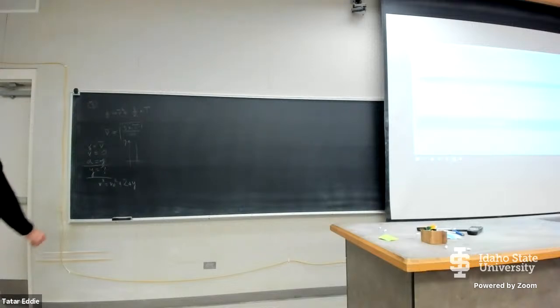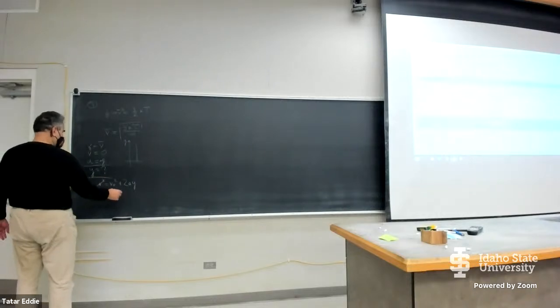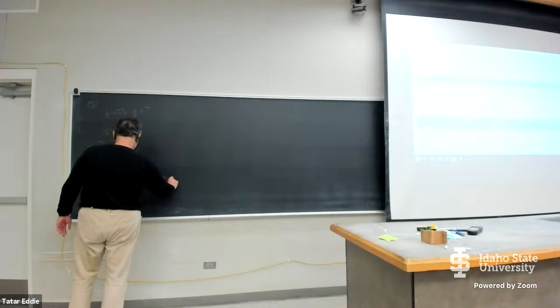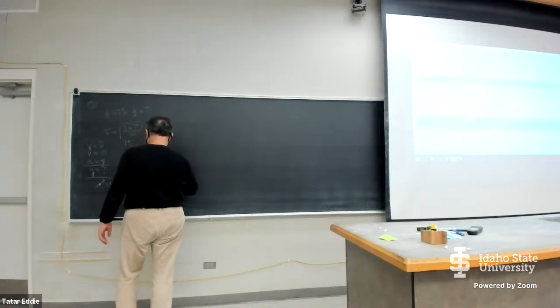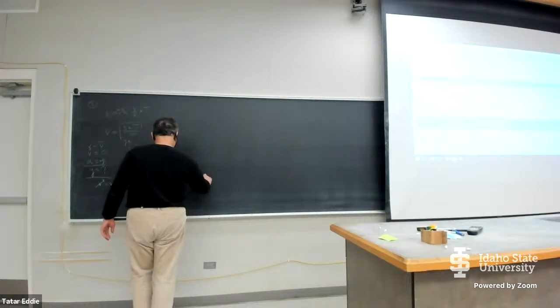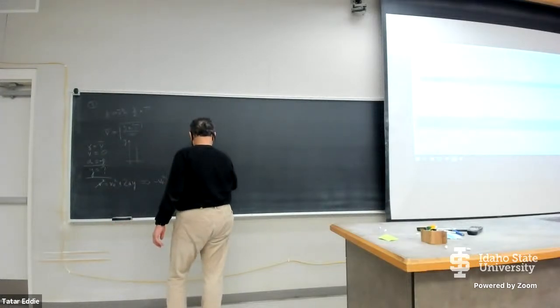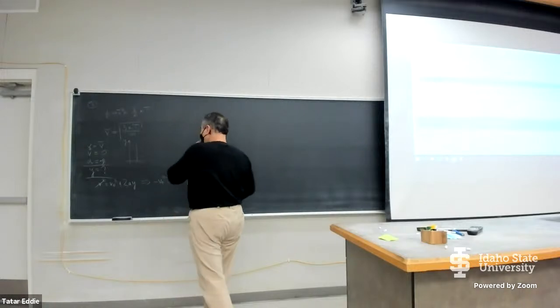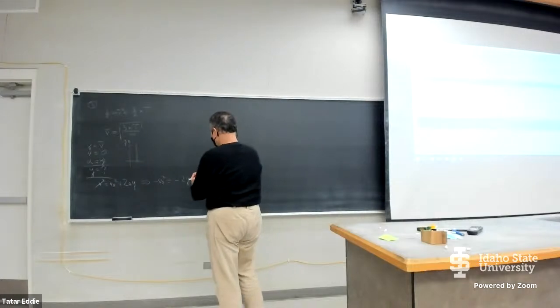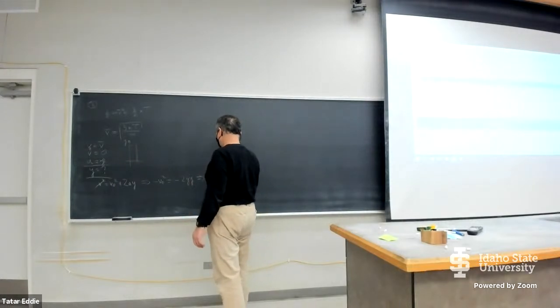Well, final velocity is 0, so you're going to get negative v naught squared is equal to negative 2gy. Therefore, the highest point that you're going to reach is at height y equal to v naught squared divided by 2g.